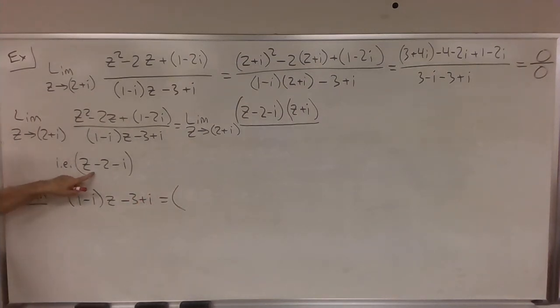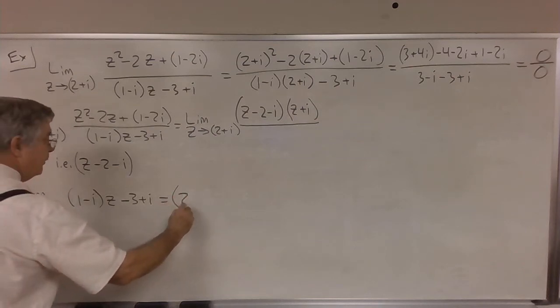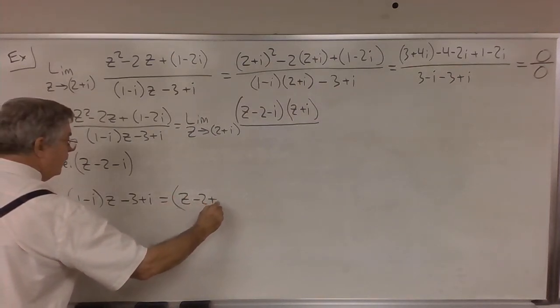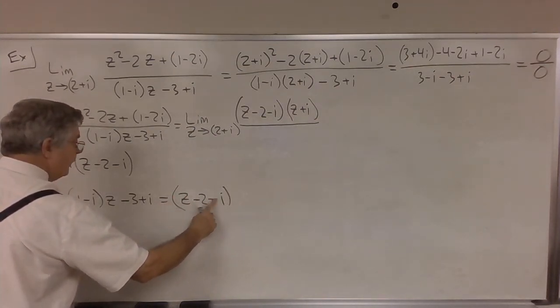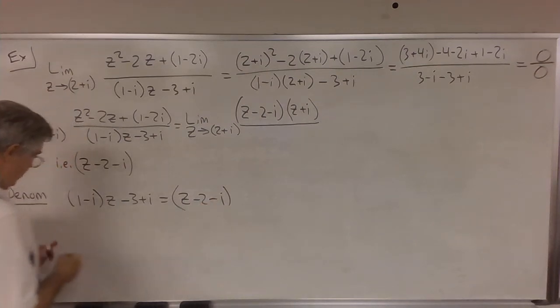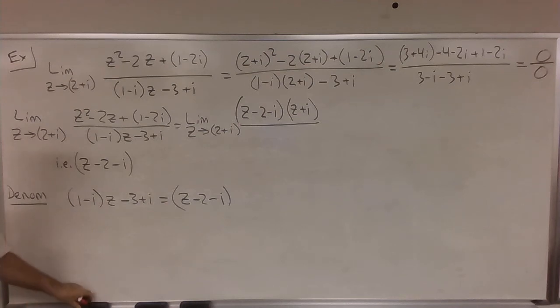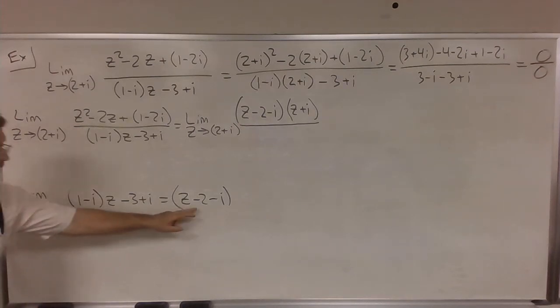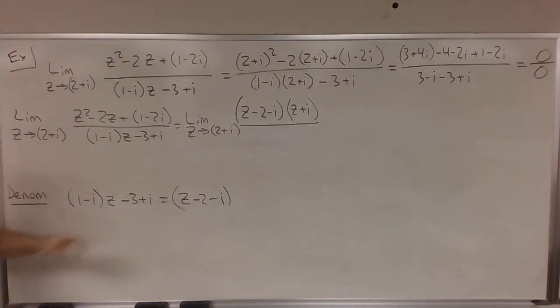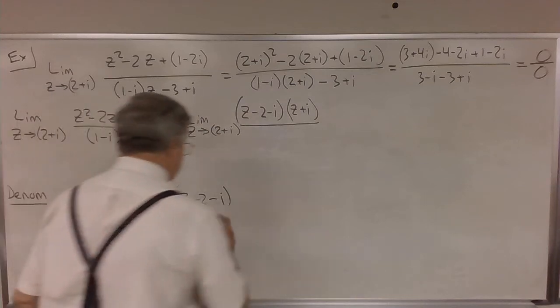And that equals this thing times something. I know this is a factor of the denominator. It looks kind of weird, but it is a factor of the denominator. So this times something else gives us the denominator. We'll see what.